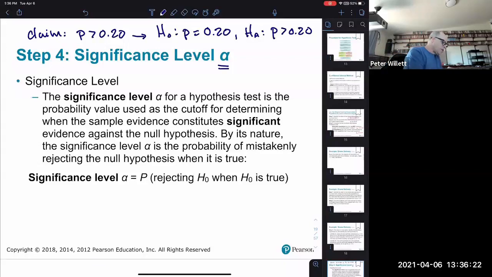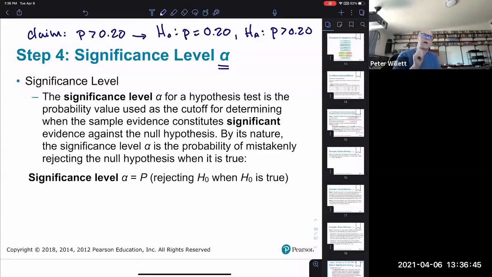So here it states the significance level alpha, same symbol, for a hypothesis test is the probability value used as the cutoff for determining when the sample evidence constitutes significant evidence against the null hypothesis. What the heck does that mean?